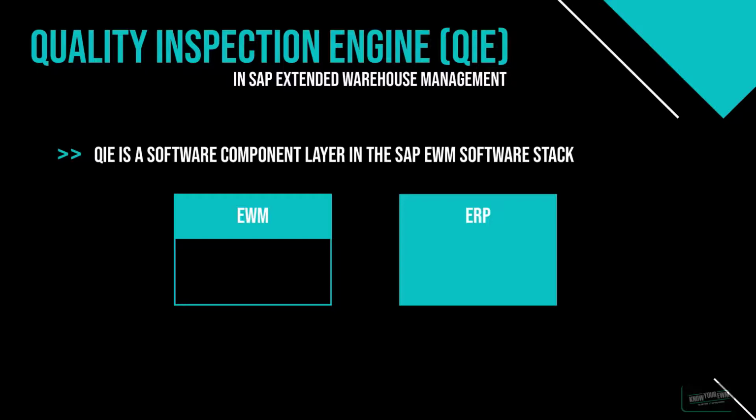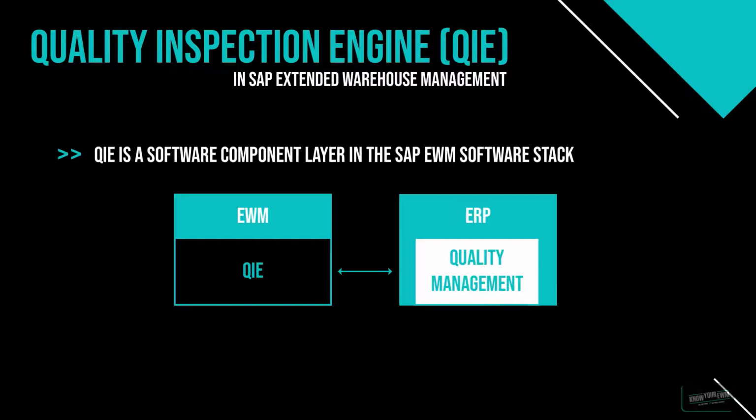In the ERP system, we have implemented the quality management component. And of course, in the EWM system, we set up the Quality Inspection Engine. And these two components, the Quality Inspection Engine and the quality management, interact with each other, meaning the components exchange messages with one another.